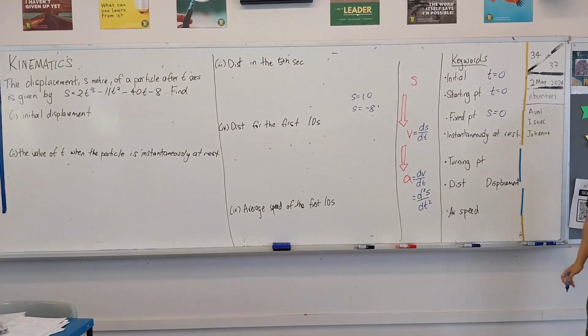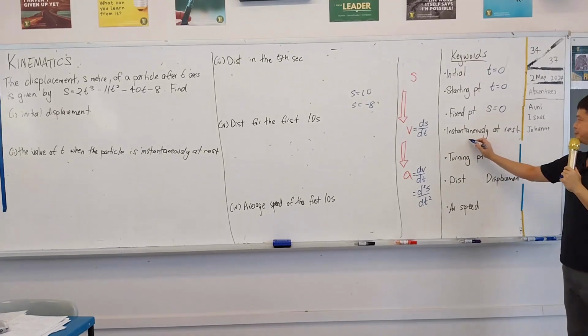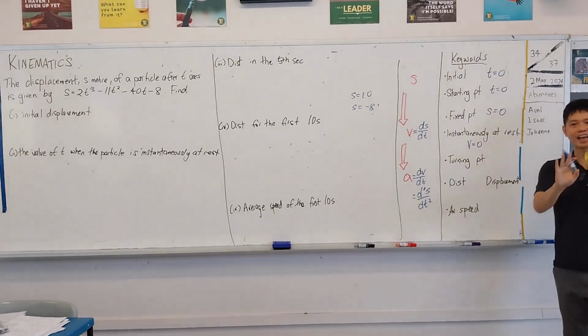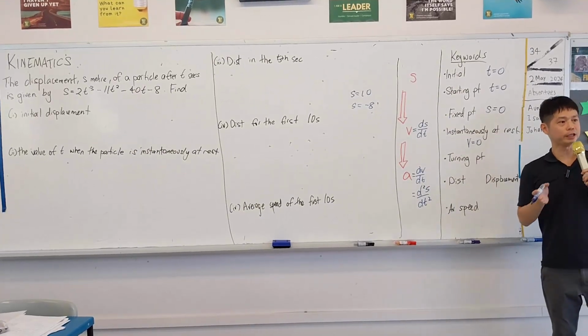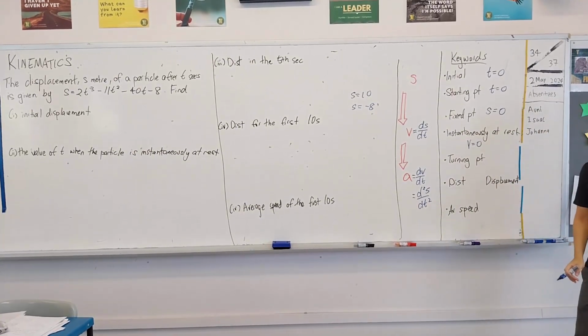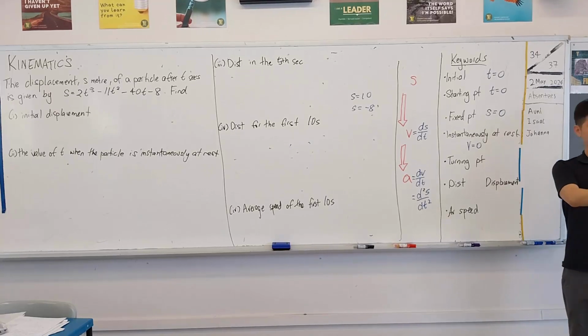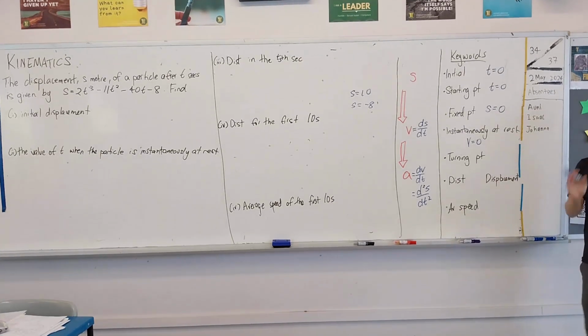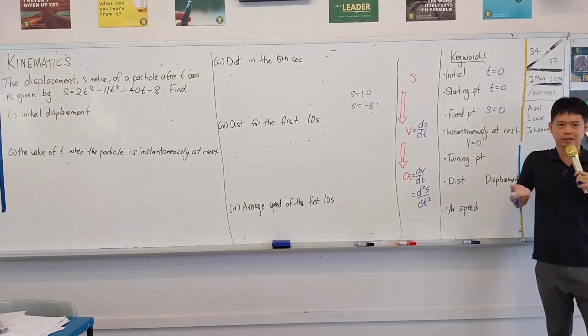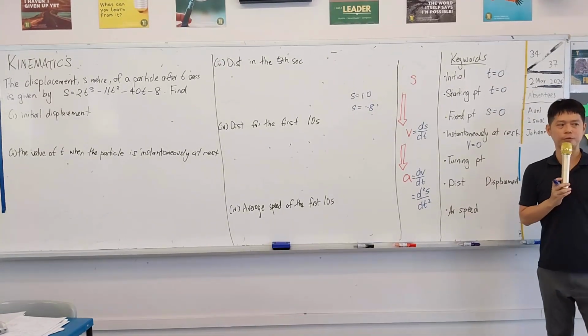Mathematically, speed equals 0. S equals 0 does not mean it's at rest. It has just passed by the fixed point. S is displacement, S is not speed. So you must say V equals 0. Please do not use S for speed. I am not the person who invented this, but we must all follow.